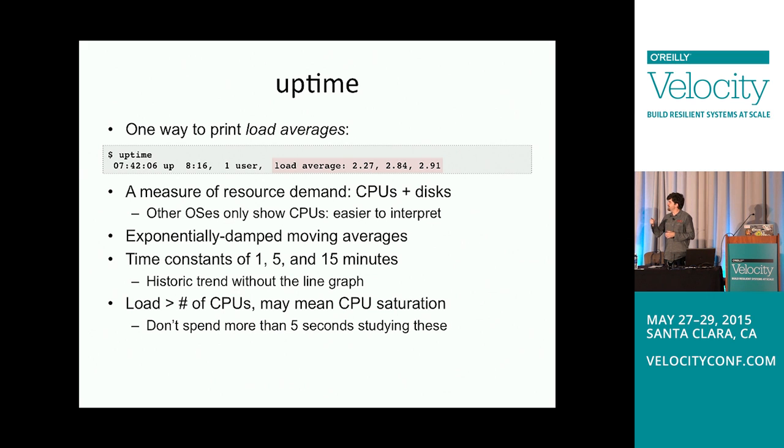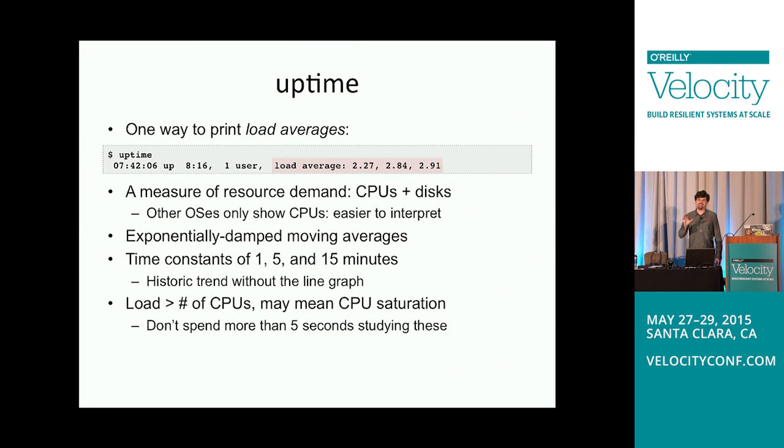In fact, at the 1-minute mark, only something like 61% of the value is incorporated into that metric. So they're damped. Giving you 3 numbers helps give you an idea of how the system's changing. And this is ancient. This comes from at least TENEX or CTSS back in the 1960s, before Unix, the notion of having load averages.